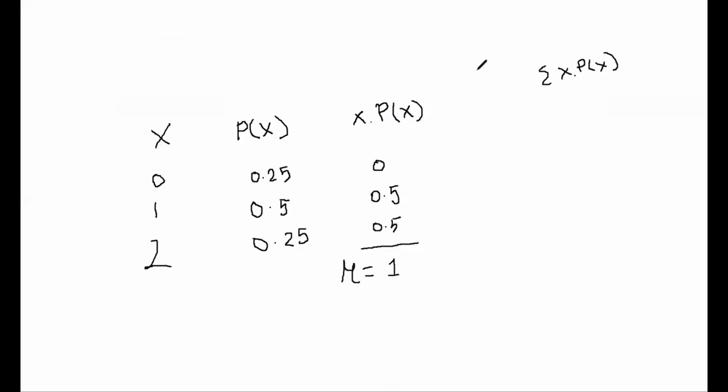So here I will erase this first. Here I will create another column with x minus mu whole square times probability of x.